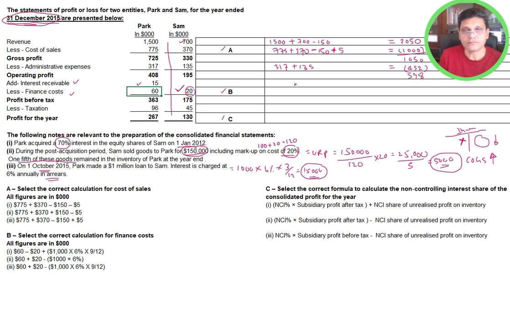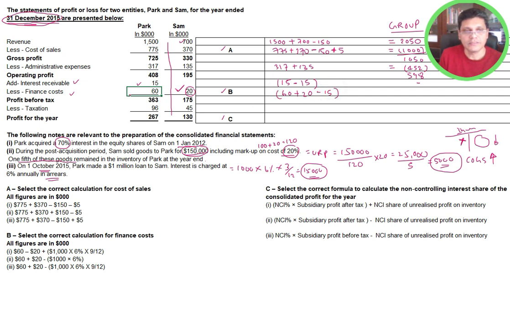Then interest receivable, as I told you, this 15 cannot be taken as your income. This is intercompany, so 15 has to be removed. So therefore there is no interest income in the consolidated group financials, we don't consider that. Then the finance cost, we need to add 60 plus 20 minus this 15.